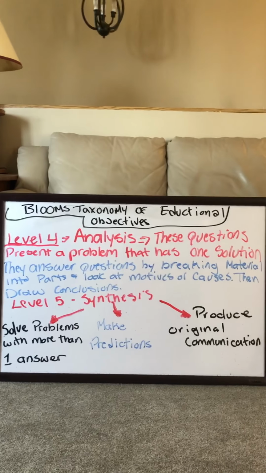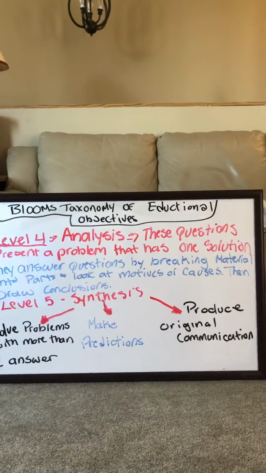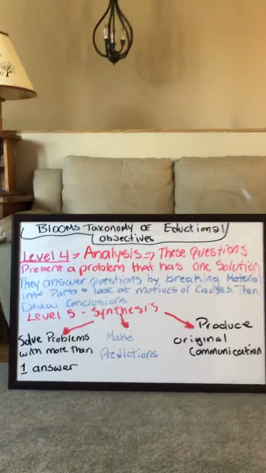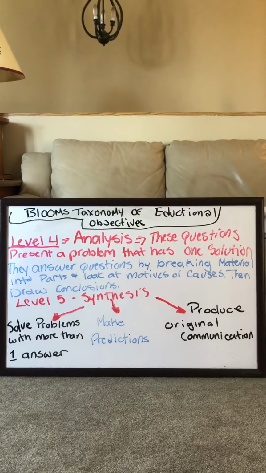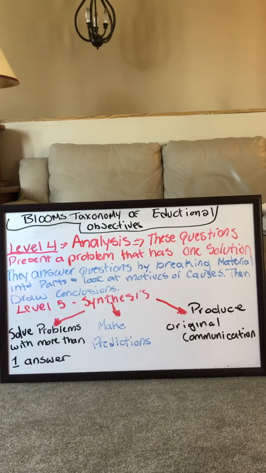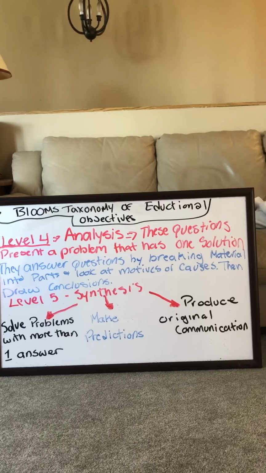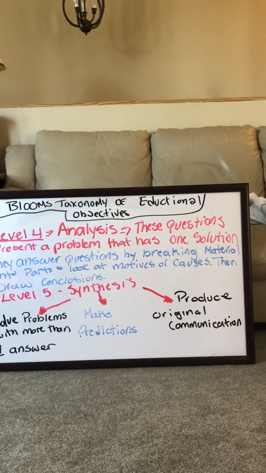Okay. The final type of synthesis question is to produce an original communication. So that would be when you get those questions like, write a letter to the editor of a social issue of concern for you, or what is a great name for this project? That's a good elementary school question for synthesis.